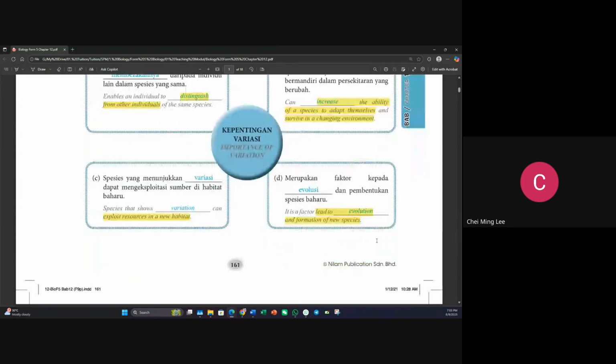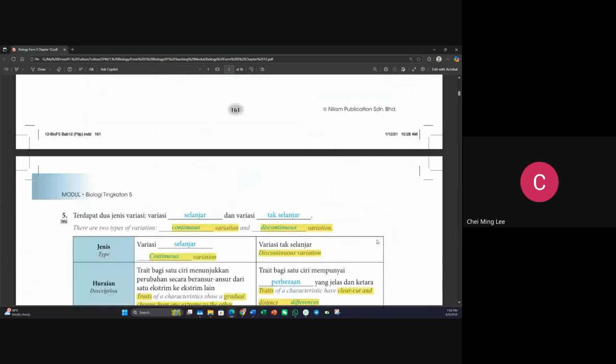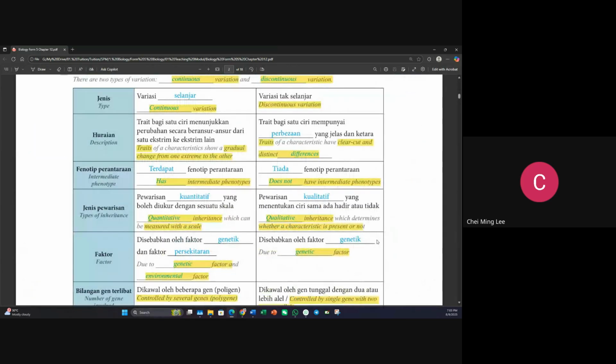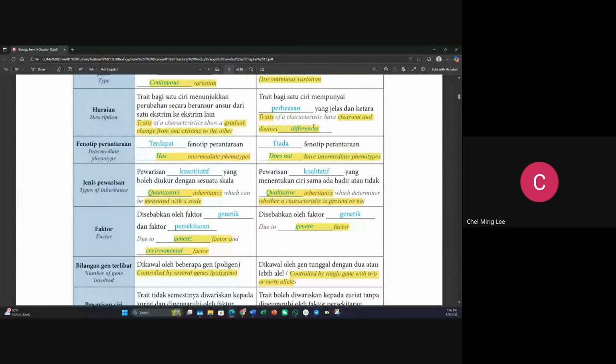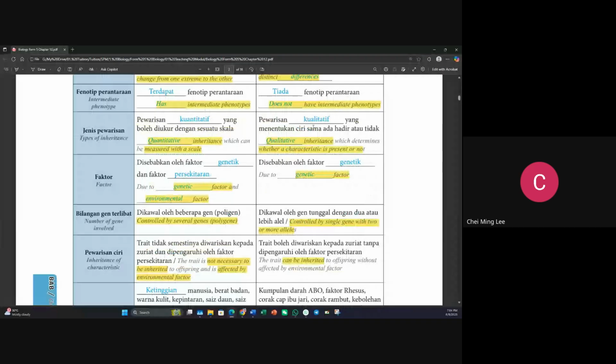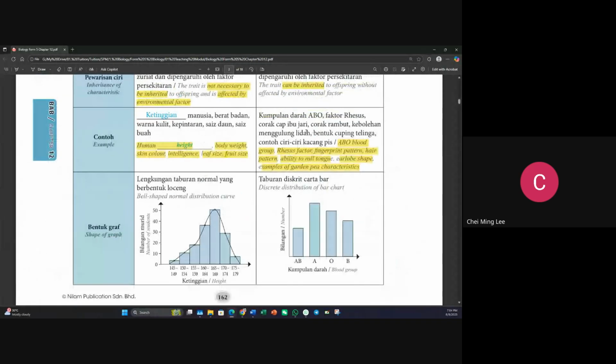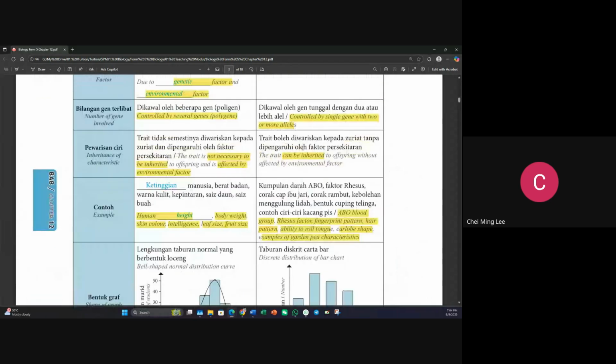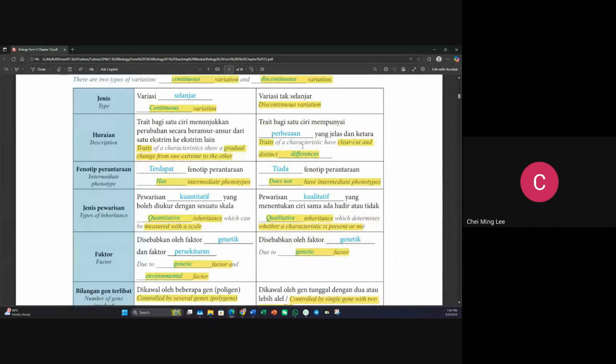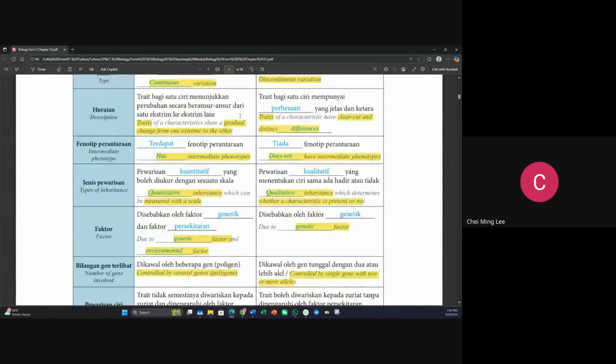All right, now, there are two types of variation. First, we have continuous and discontinuous variation. Okay, now let's see. For continuous variation, the trait of a characteristic shows a gradual change from one extreme to another.